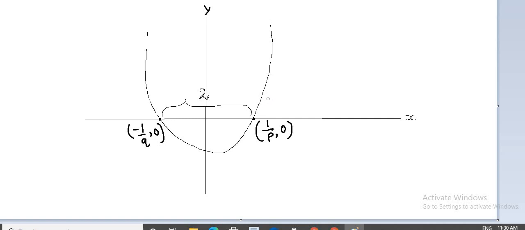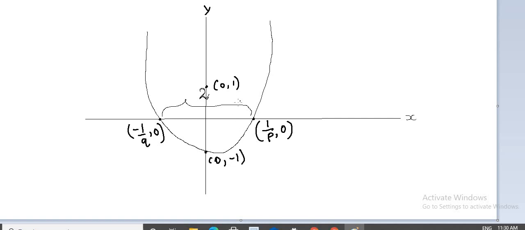So there are two possibilities for the points where the curve will cut the y-axis: 0 comma 1 and 0 comma minus 1. So let's mark these points. This will be somewhere as 0 comma 1 and this one will be 0 comma minus 1.